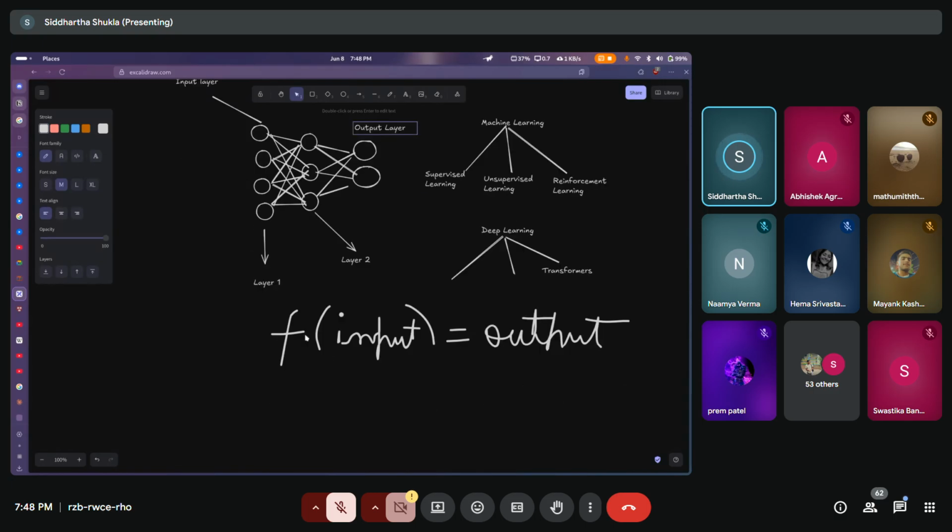For instance, you enter a prompt in ChatGPT or Claude or anything, and it is just a function that maps it to an output, right? But all these layers in between are hidden layers, and there can be multiple of these in between.